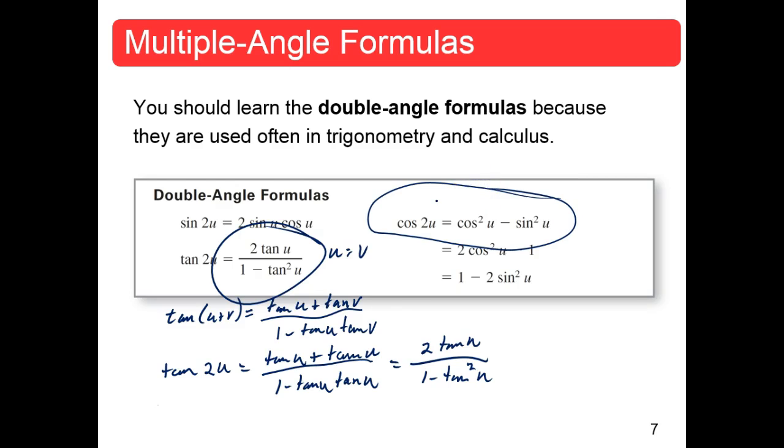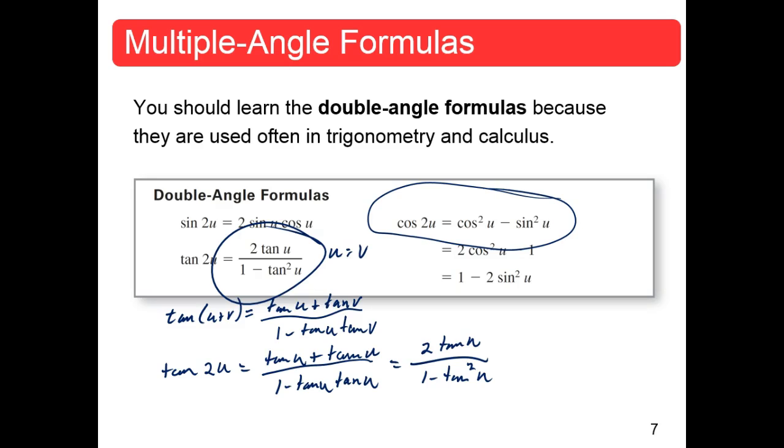Cosine 2u is equal to cosine squared u minus sine squared u. Now what does that look, especially that side, look a lot like? But not quite. Got a sine squared in it and cosine squared in it. What else has a sine squared and cosine squared in it? Pythagorean identity. You're absolutely right.